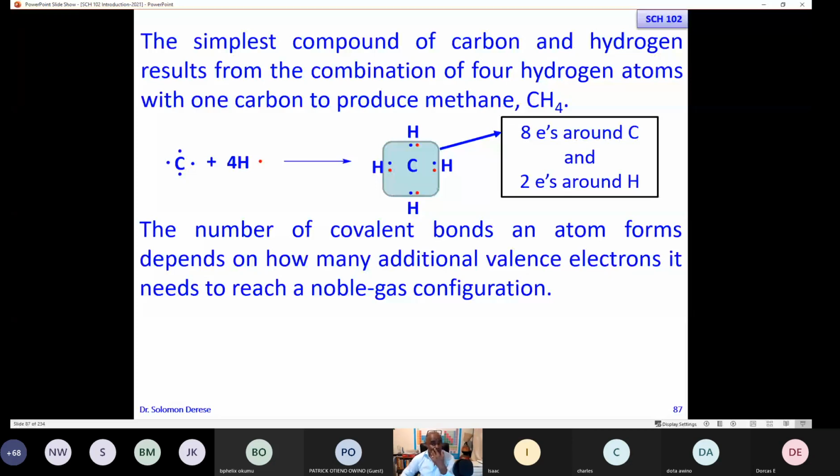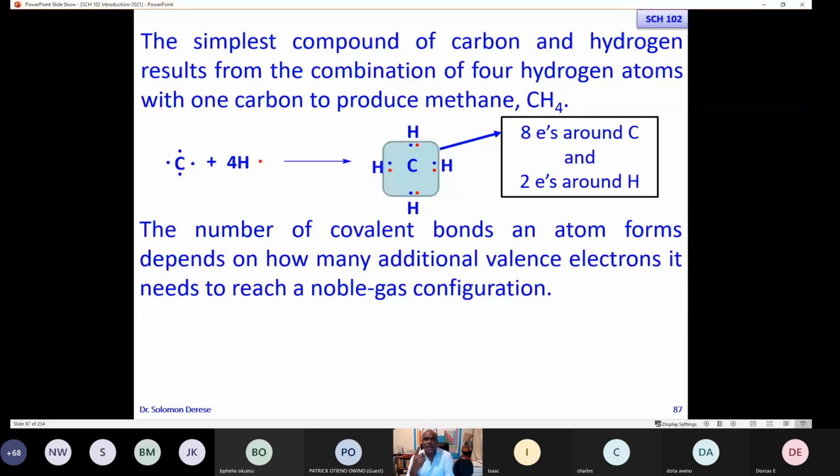So the number of covalent bonds an atom forms depends on how many additional valence electrons it needs to reach a noble gas configuration. For example, hydrogen has got 1 electron in its valence shell. To have the electron configuration of the corresponding noble gas helium, which has got 2 electrons, it needs an additional 1 electron.